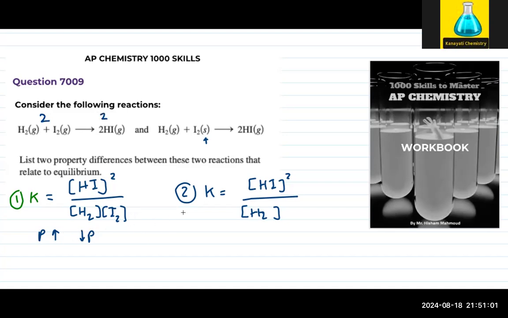But here, if I decrease the volume, the pressure will increase. The system will try to decrease the pressure, so it will move to the direction of fewer moles. Here it is 1 mole and here 2 moles, so it moves to the left. The concentration of H2 will be more than HI, because there is a difference in the number of moles, 2 moles and 1 mole, since this one is not counted as it is solid.